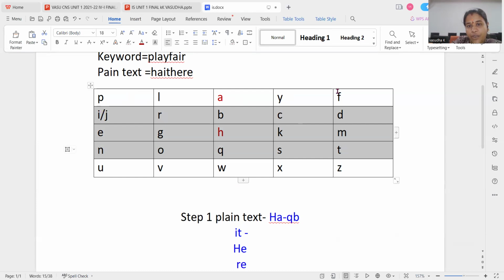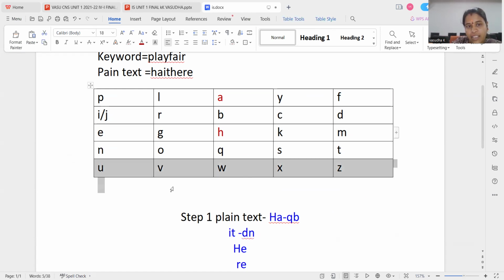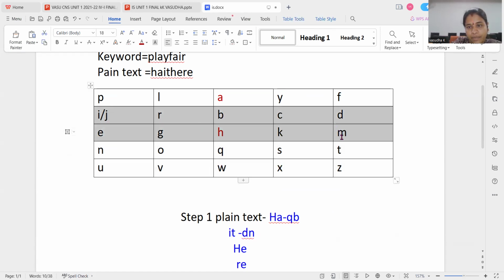The opposite corner elements of the rectangle. For I, we write D, and for T, we take N. This is the rectangle it forms. So for I we take the opposite corner D, and for T it is N.